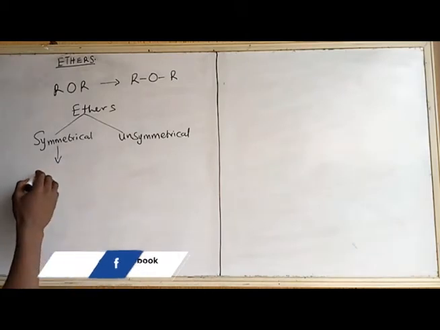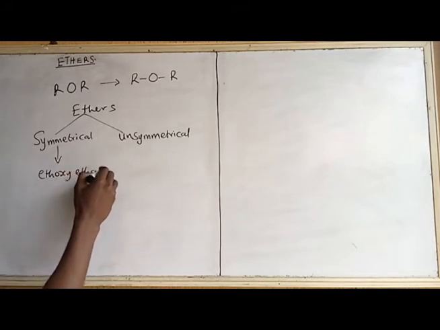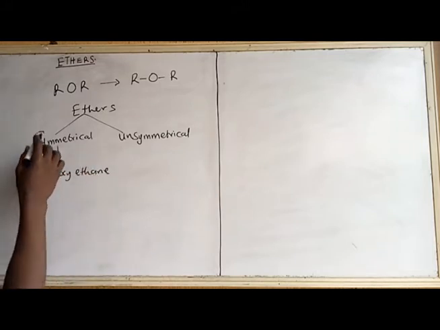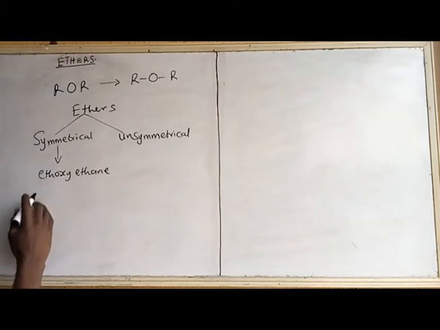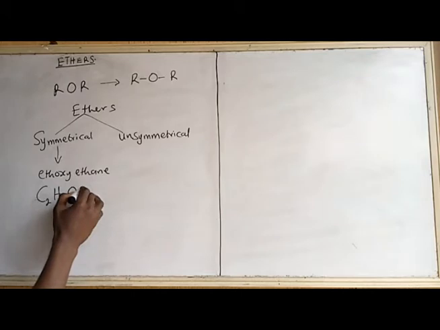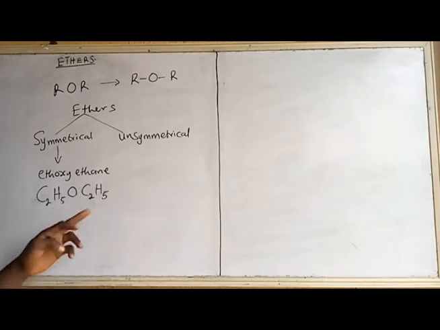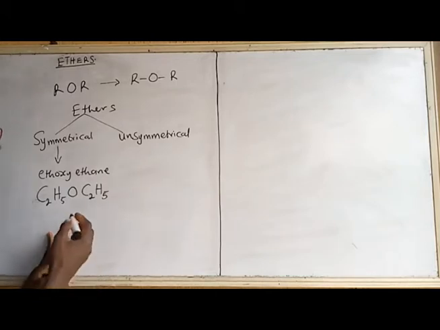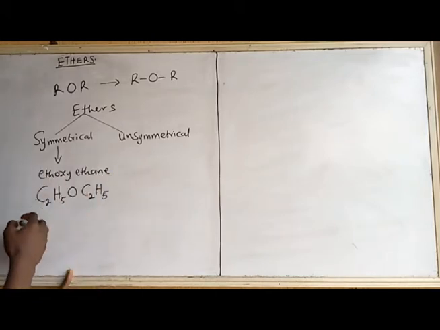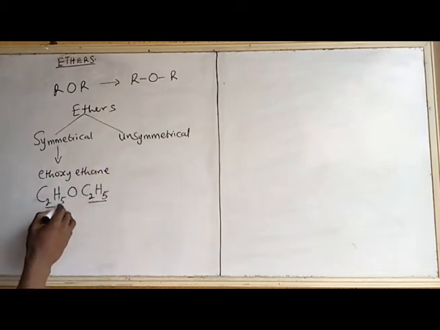An example of such is ethoxyethane, which consists of one R to be C2H5 connected to oxygen, connected to another C2H5. So it is termed ethoxyethane. We also have other ones called methoxymethane and so on. Provided these two organic radicals are identical, they are called the symmetrical ethers.